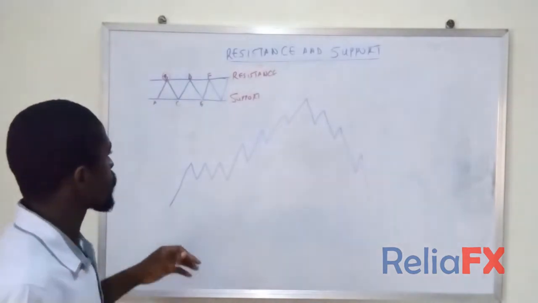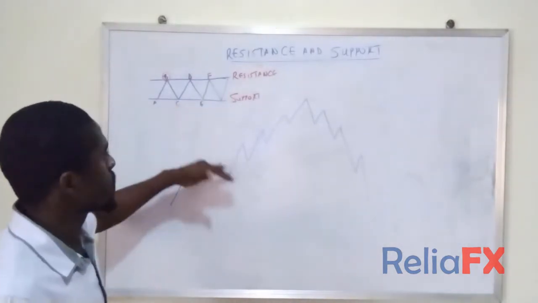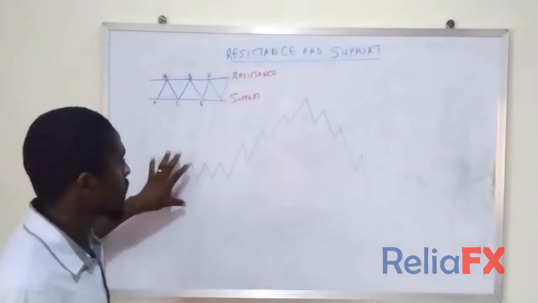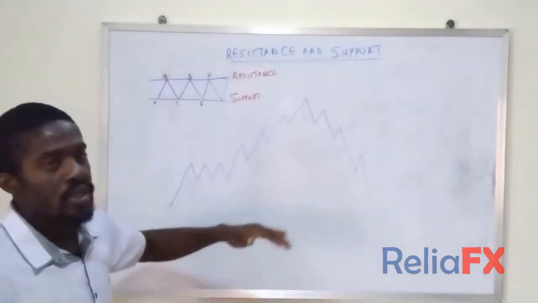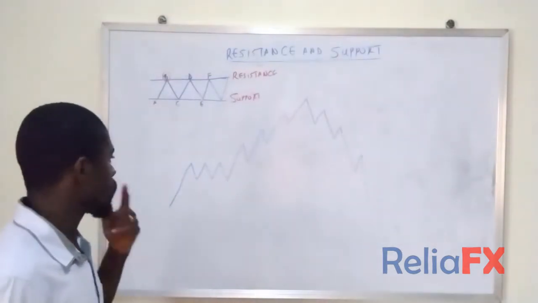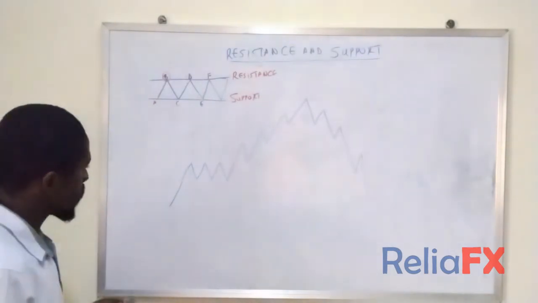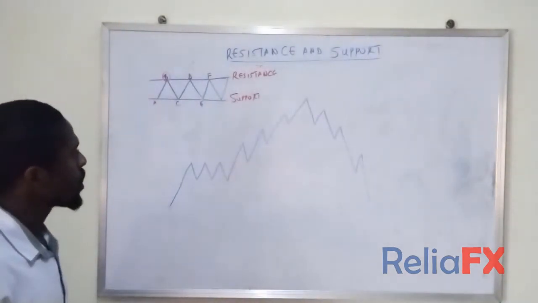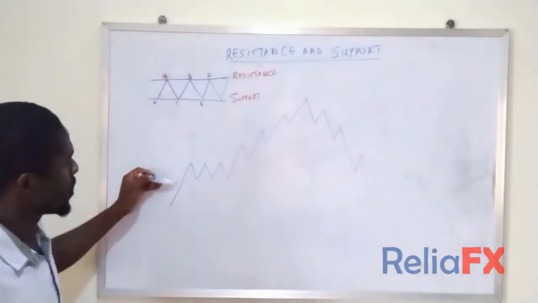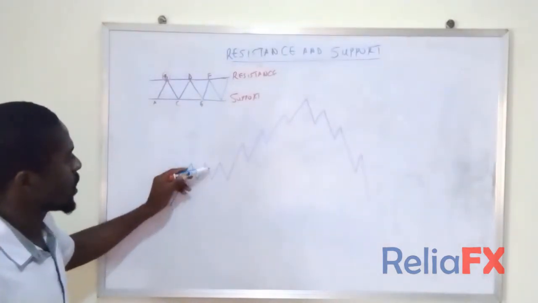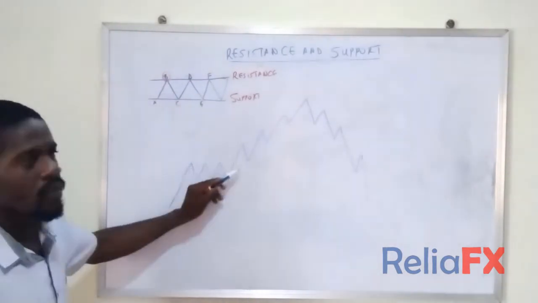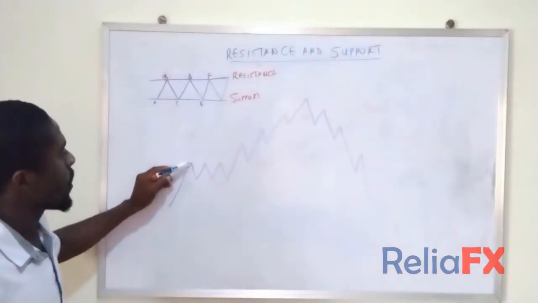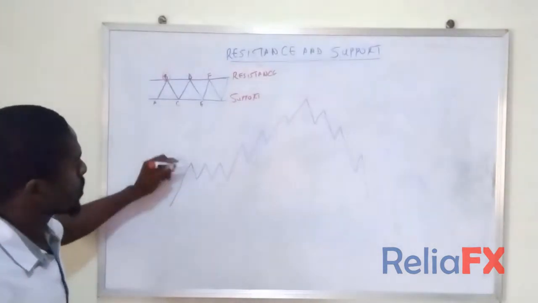Now, I want to bring this home a little more and explain this using a chart, an example of what a normal chart would look like. So let's look at this. Price is trying to move up from here, and it got to this area where price returned.